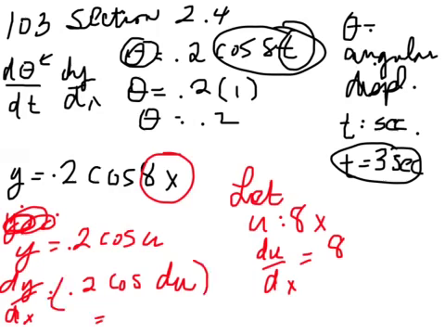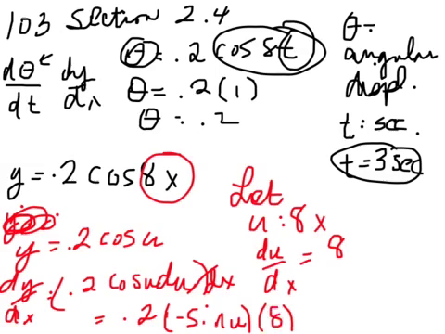Okay, so the 0.2 is a constant, it stays out front. The derivative of cosine is negative sine of u, and then the du dx. The du dx is 8 here, okay? So that's going to be 1.6 out in front. I'm going to put the negative 1.6 out front, right?